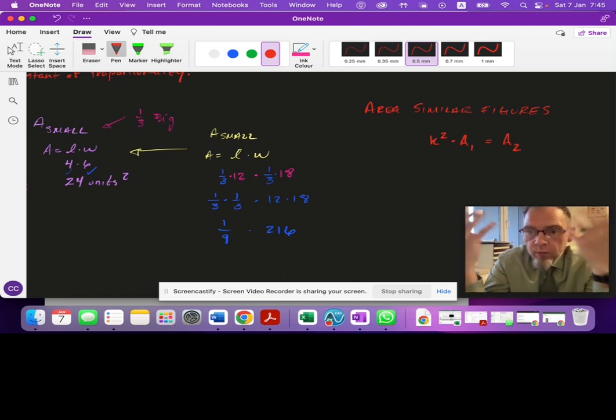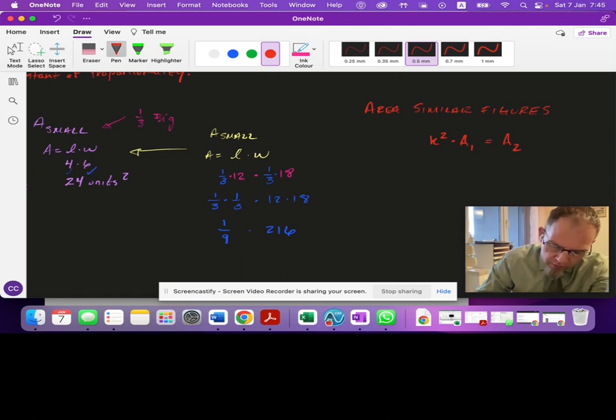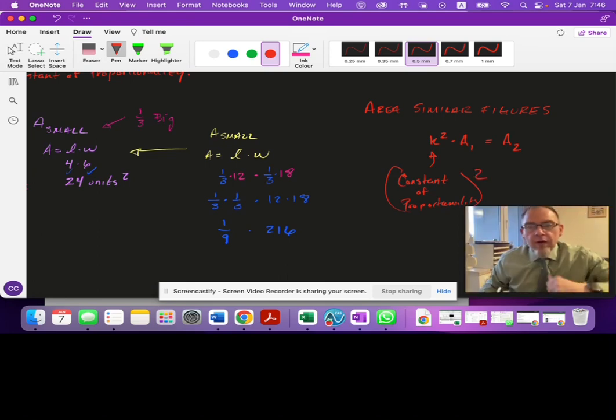So by squaring it, we're able to work with the area, and this will always work. Okay, that's a really powerful thing. It allows us to work all sorts of problems.